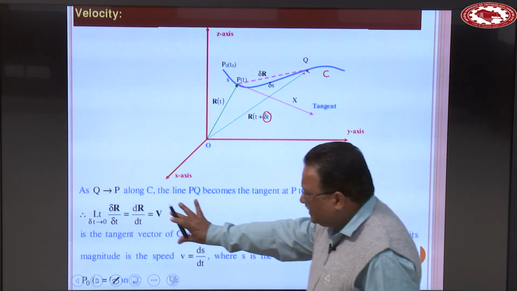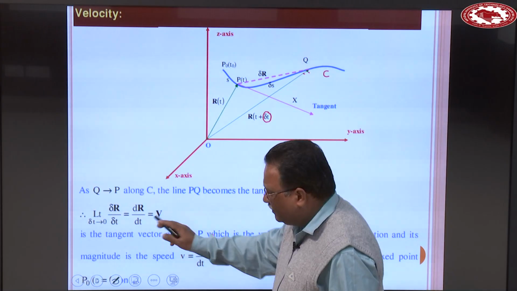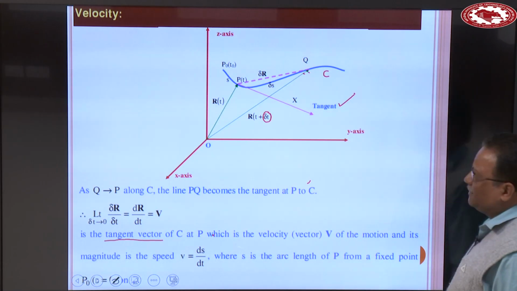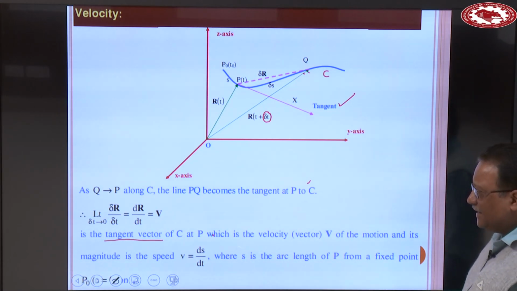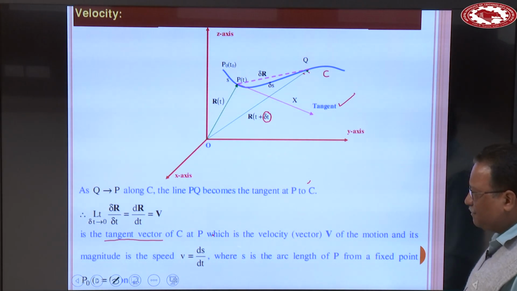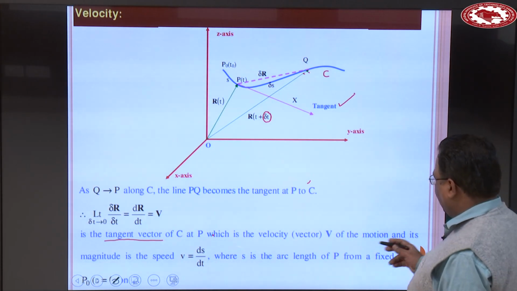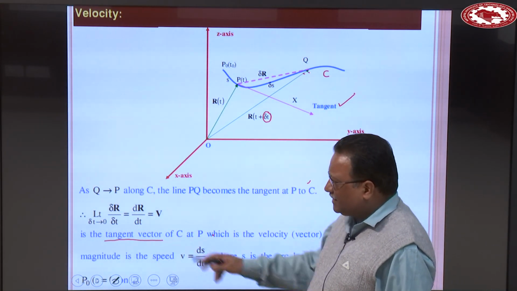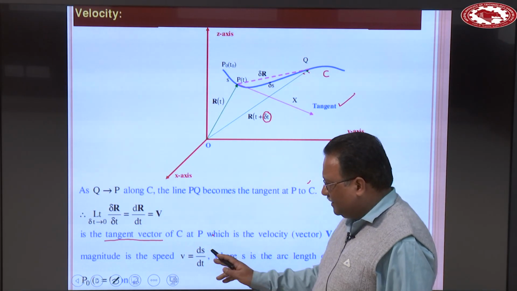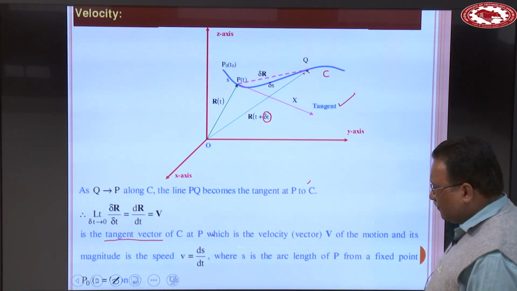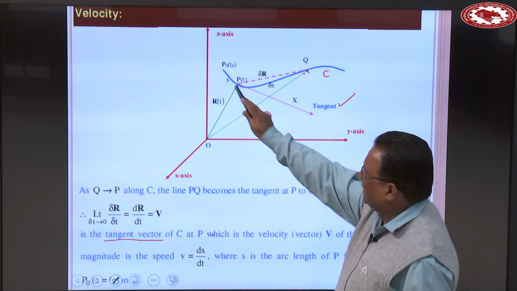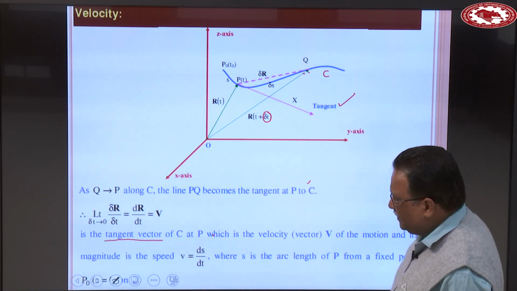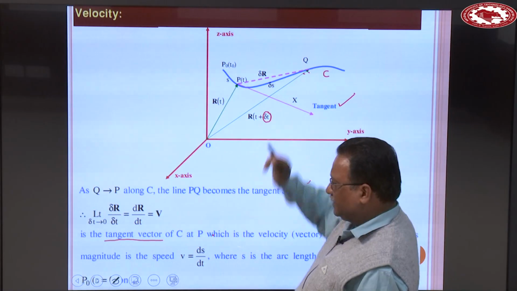So this limiting value, dr over dt, is the tangent vector of C at P, which is the velocity vector v of the motion, and its magnitude is the speed v equal to ds over dt. That is, the magnitude of dr over dt is ds over dt, where s is the arc length of P from a fixed point P naught at t equal to t naught.